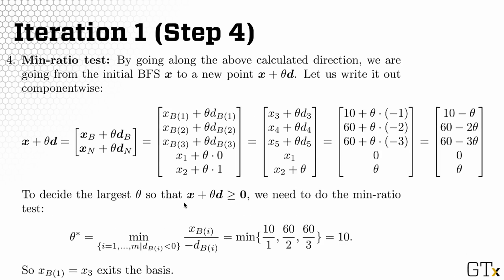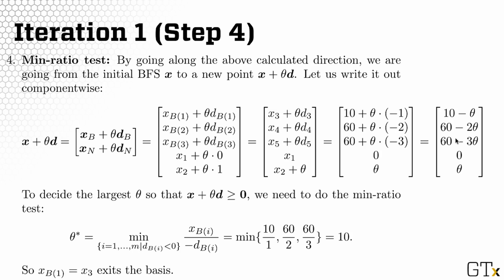And then we can compute the new basic variables, x2, x4, and x5. How to compute that? Well, you can just do it here, because we have computed theta to be 10. So if theta is 10, x3 becomes 0 and becomes non-basic. And x4 becomes 60 minus 20, which is 40. And x5 becomes 60 minus 30, which is 30. Remember, what is x2?